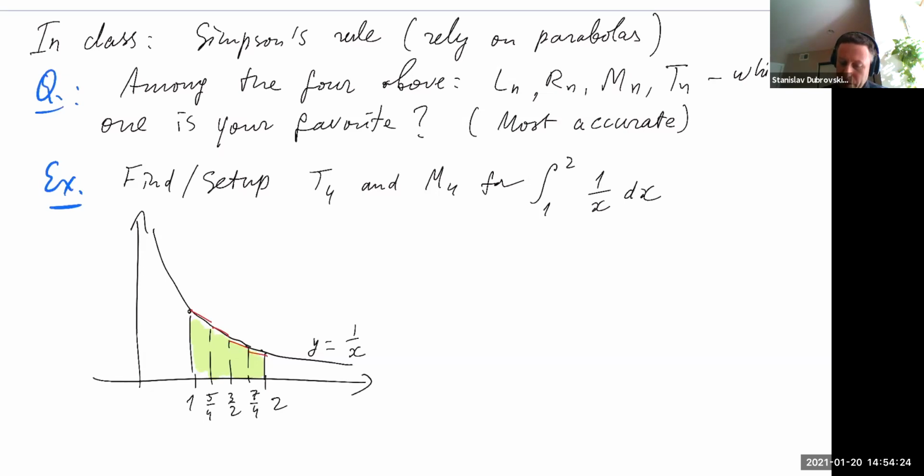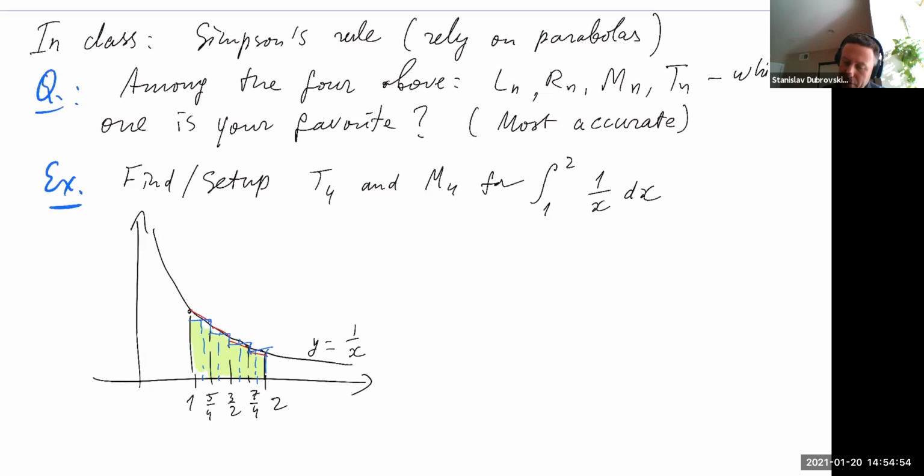And these 4 areas will give me one approximation. For the midpoint, I would have to go to the midpoint of each interval and evaluate the function there and do the calculation, get the result. That would be this jagged staircase as my approximation.